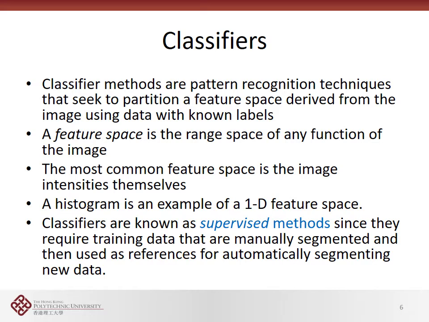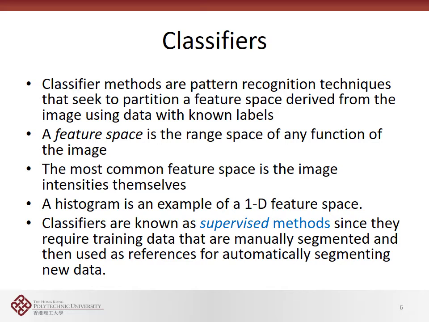In principle, classifiers are known as supervised methods. They require training data that are manually segmented, and then use this manually segmented training data as references for automatically segmenting new data.